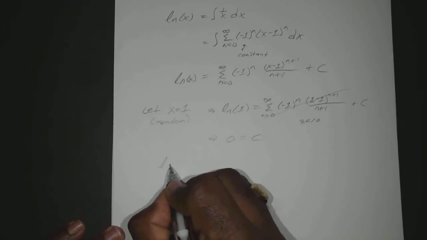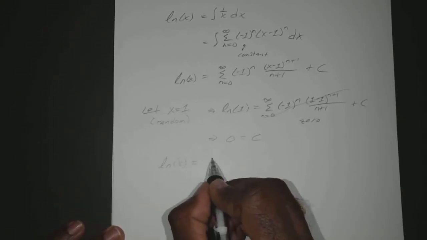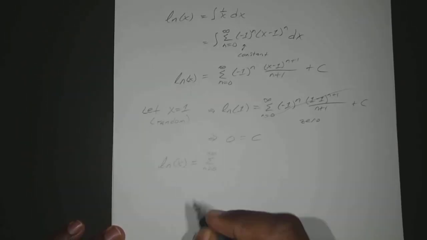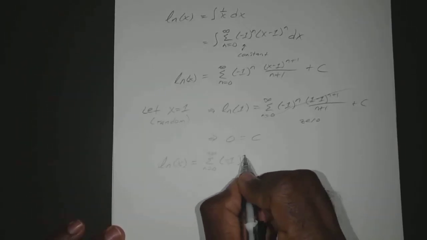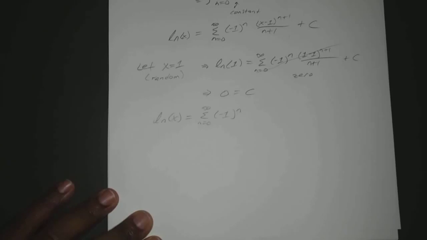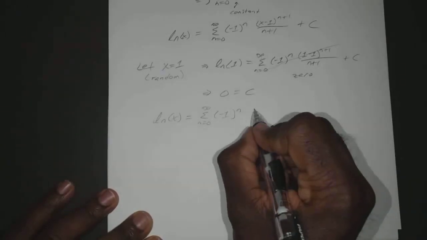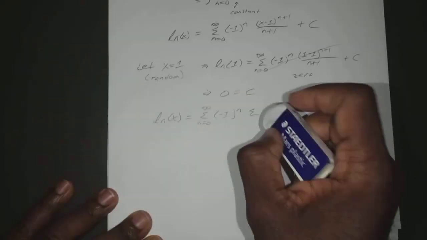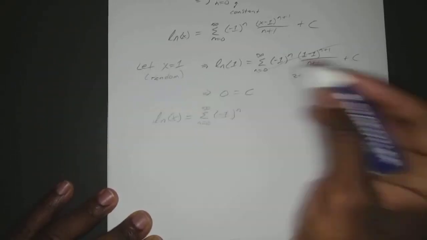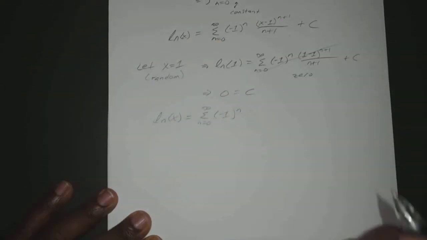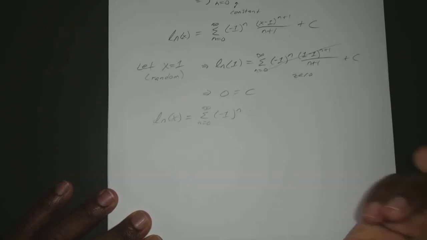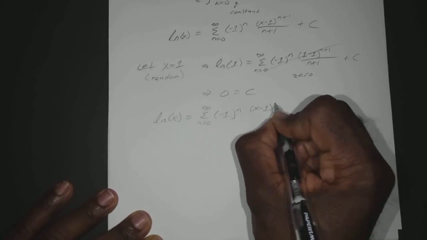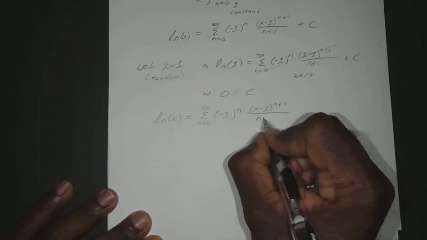Okay. So that means our natural log of x is equal to the sum from n equals 0 to infinity of -1 to the nth power times x minus 1 to the n plus 1 over n plus 1.